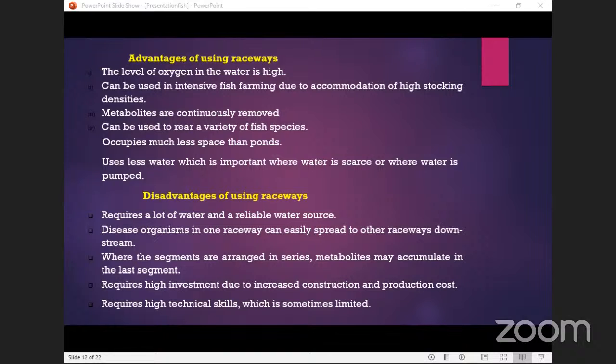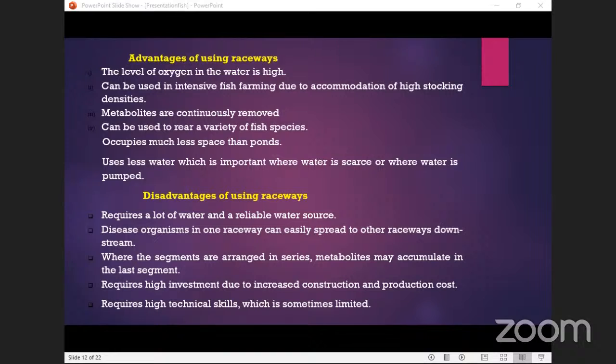But this method also has its own disadvantages, the demerits. One, it requires a lot of water and a reliable water source. If you have no reliable water source, it means that you cannot afford to construct a raceway. Disease organisms in one raceway can easily spread to other raceways downstream.